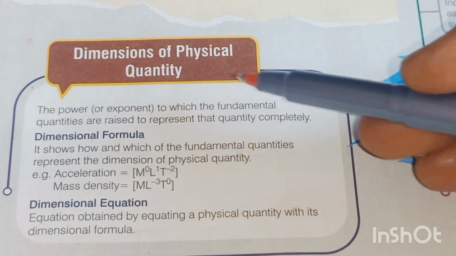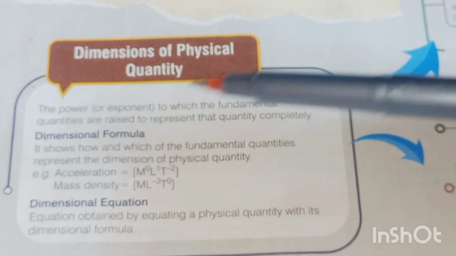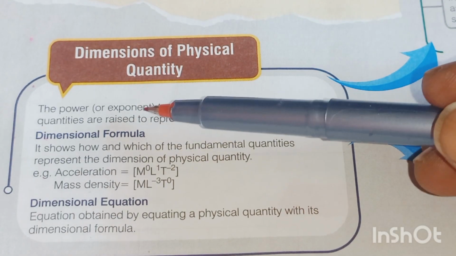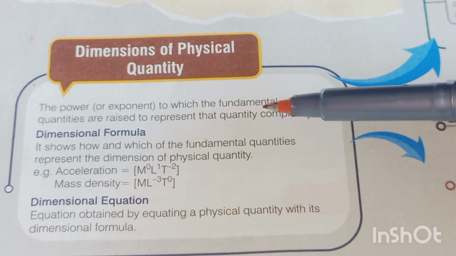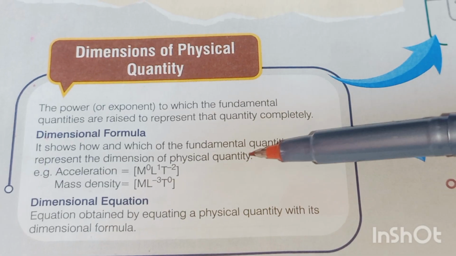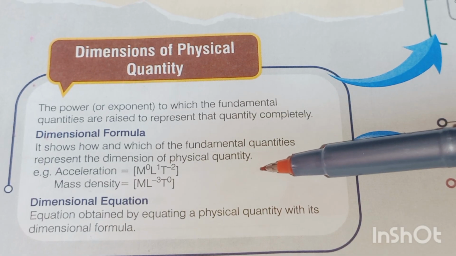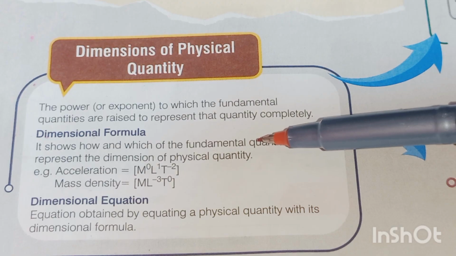Now let us see the dimensions of physical quantities. Dimensions are the powers to which the fundamental quantities are raised to represent that quantity completely. We have 3 fundamental quantities; totally there are 7 plus 2 fundamental quantities.